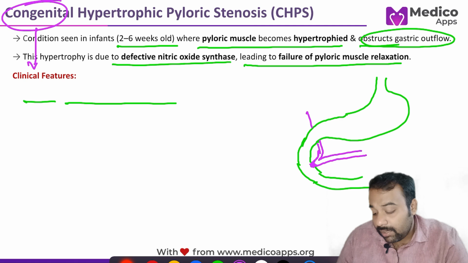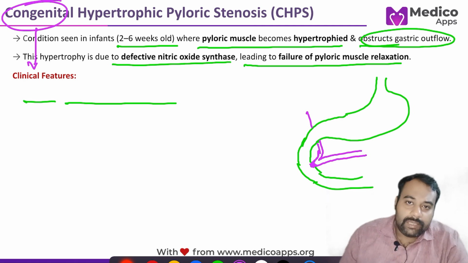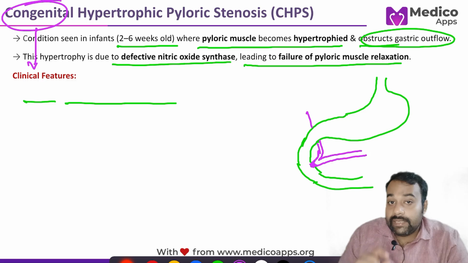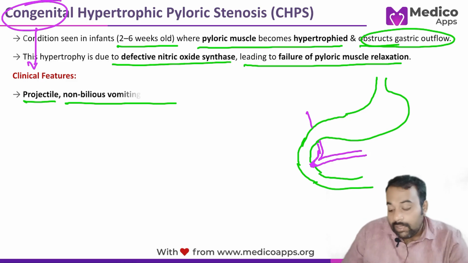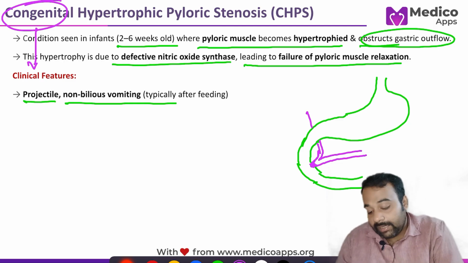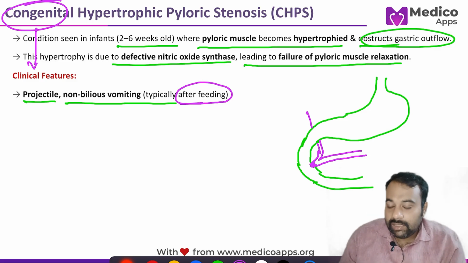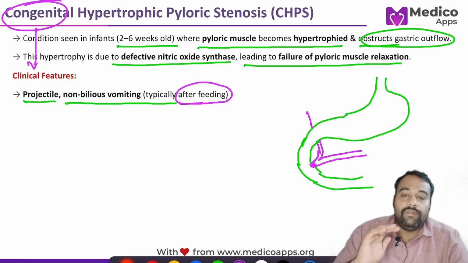Now you need to understand the clinical features here. Typically the mother will tell you there is projectile vomiting, and on asking they will say yes, it is non-bilious vomiting that typically happens after feeding.